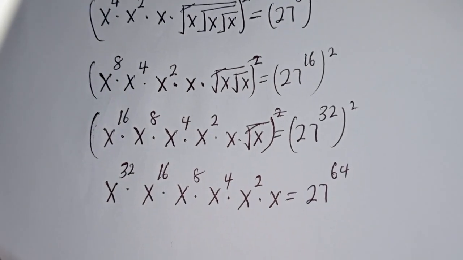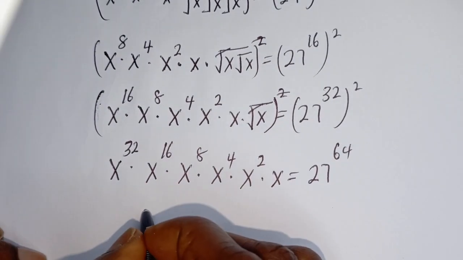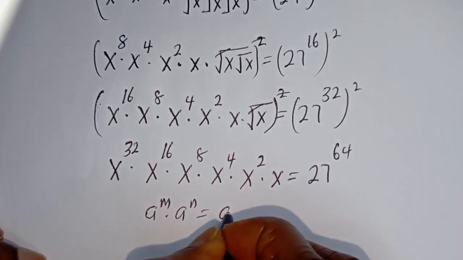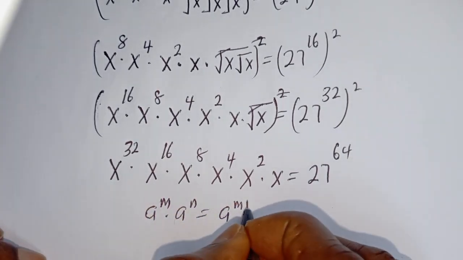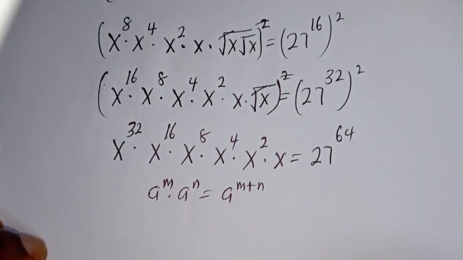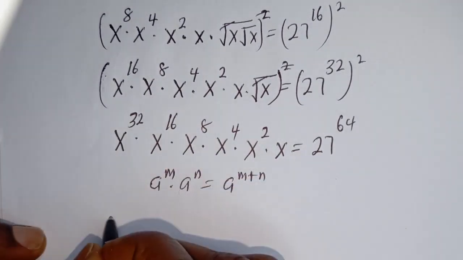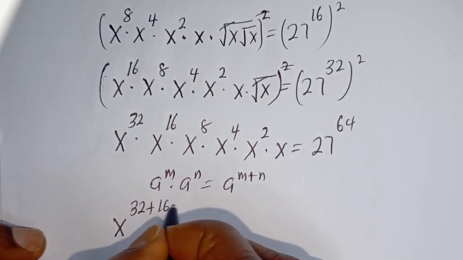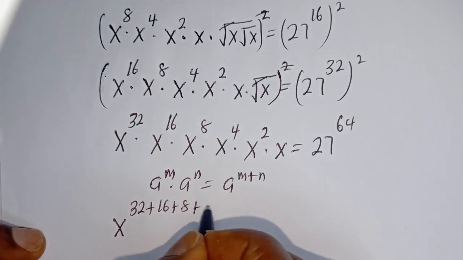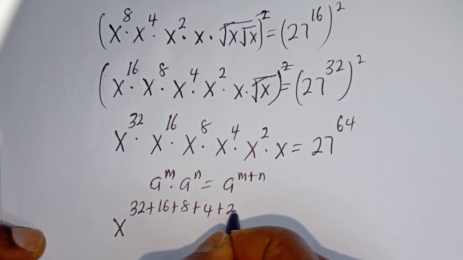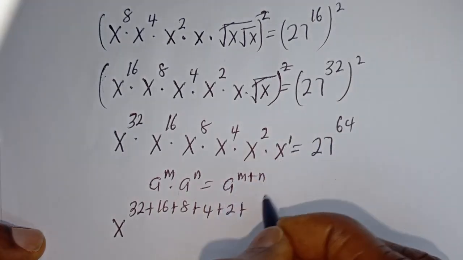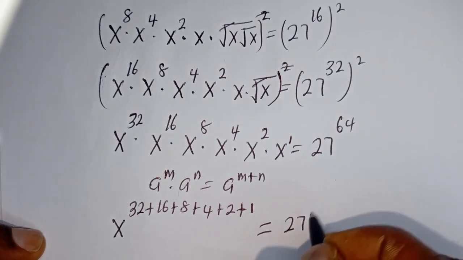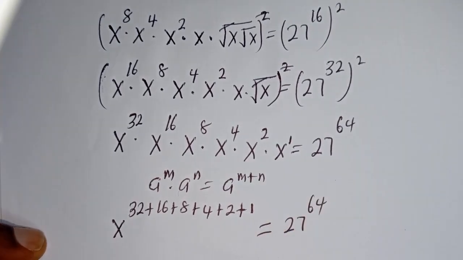And of course, remember the exponential rule that a to the power of m multiplied by a to the power of n is equal to a to the power of m plus n. Then this can be written as s to the power of 32 plus 16 plus 8 plus 4 plus 2 plus 1 is equal to 27 to the power of 64.